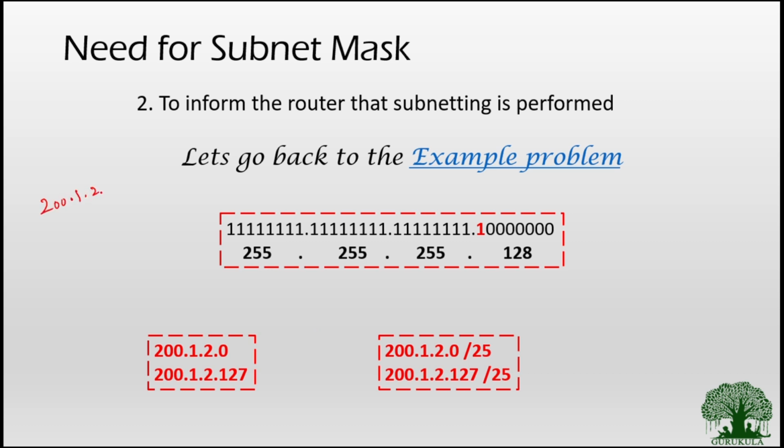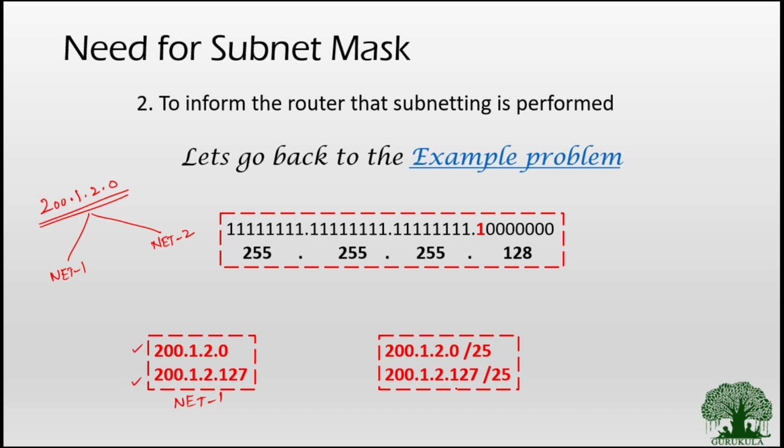The given address space is 200.1.2.0, and we further subdivided this address space into two address spaces. This is the first address space, which belongs to net 1, and we subdivided this into net 2 as well. So this is what net 1 is.